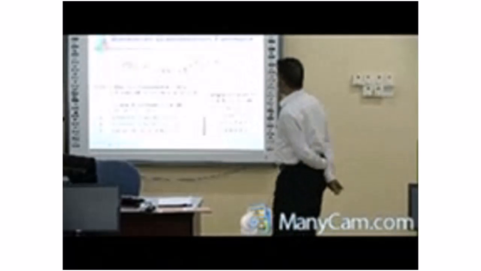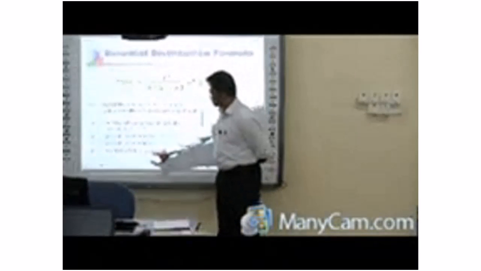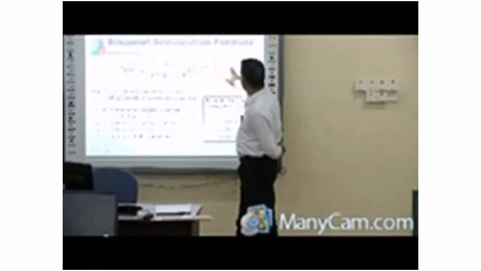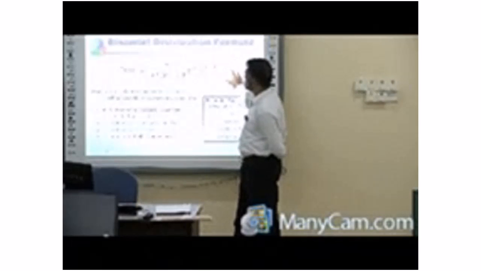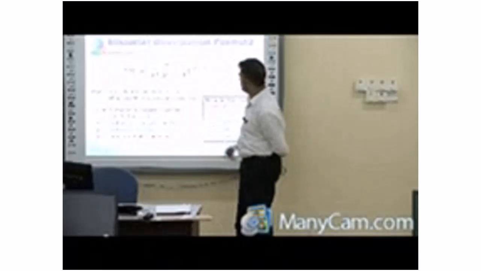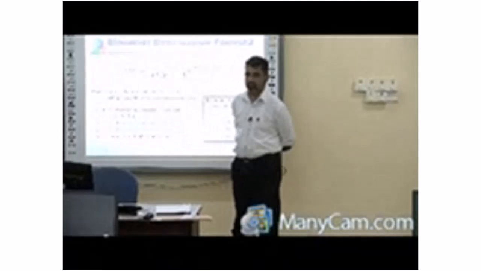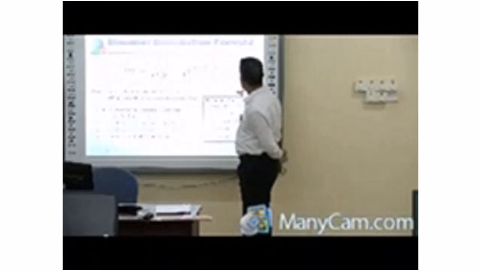Here n is the number of trials. C means combination; you know the terms permutation and combination. X means the relevant number of successes.